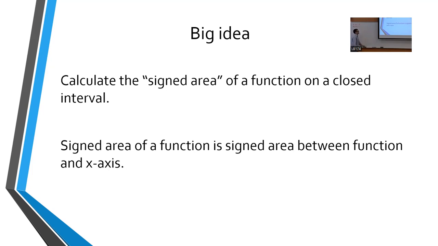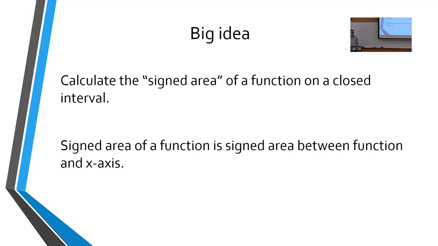So the big idea of definite integrals is that we want to calculate that signed area. We want to calculate the area between the function and the x-axis. And if the function is above the x-axis, that area is going to be counted as positive.